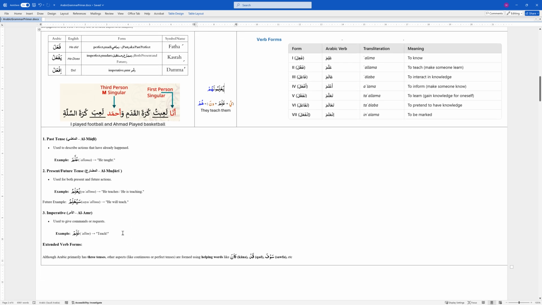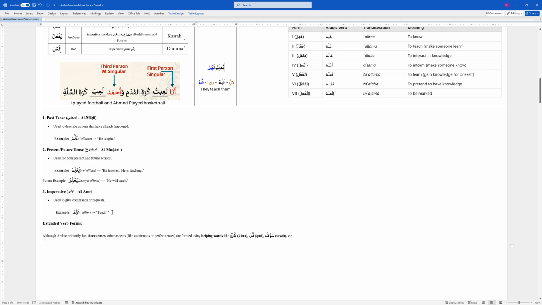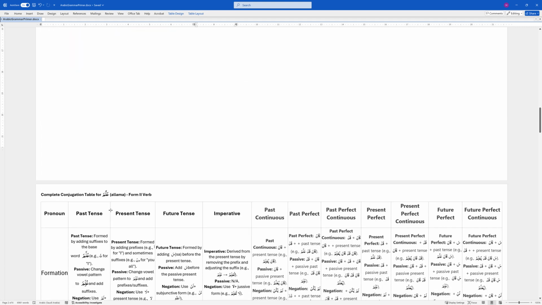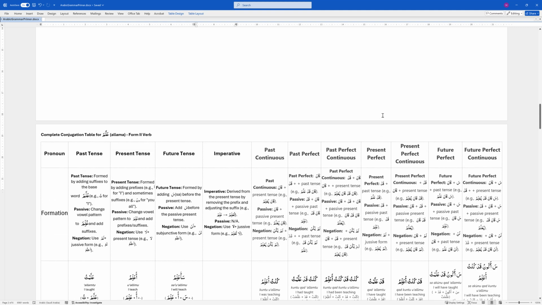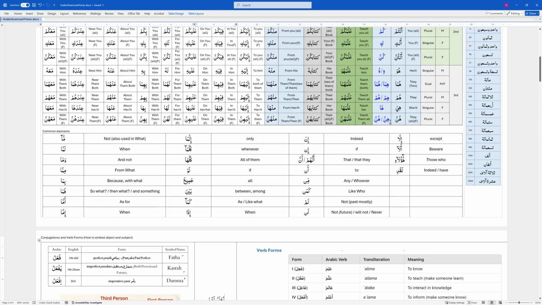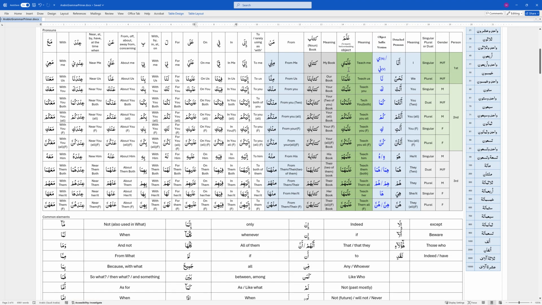But back to the main discussion: how do we deal with all the nouns and all the tenses in the Arabic language? What happens is similar to the prefixes we saw in the case of the object.